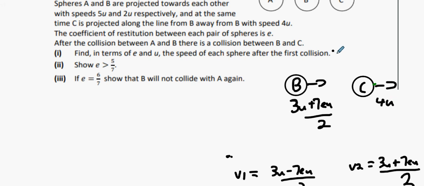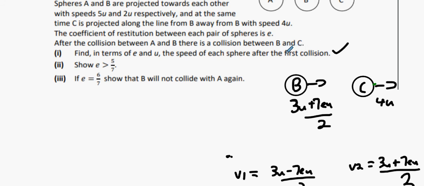So we've done part 1. Now, I have to show that E is bigger than 5 over 7, given there is a collision between B and C.